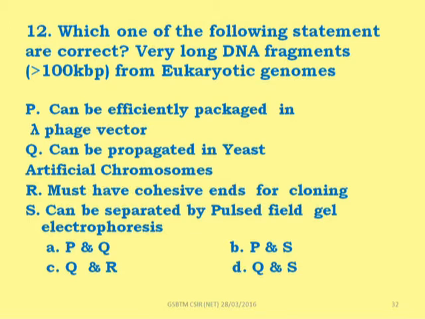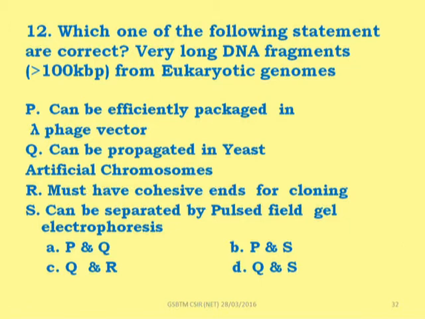If we look at the length of these DNA fragments, it is more than 100 kilobase pair. And if we look at features of vectors, a lot of vectors have been designed, but lambda phage vectors can accommodate DNA up to 30 kilobase pair. So if the DNA is more than 100 kilobase pair, obviously the lambda phage vector will not work.